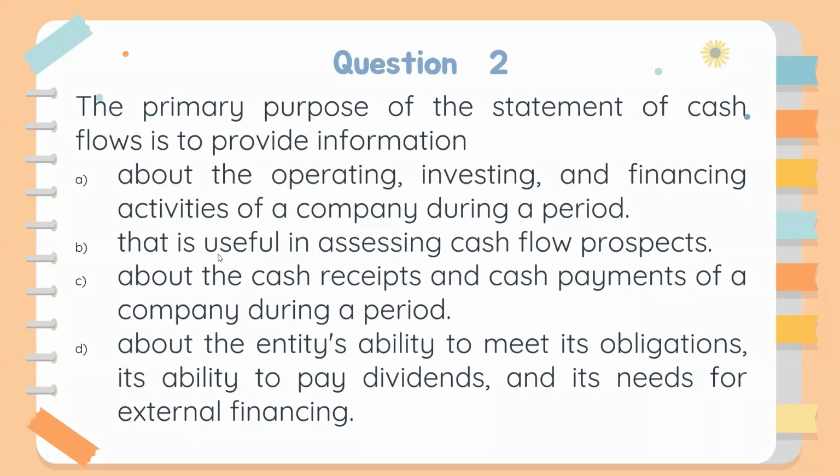Letter B, that is useful in assessing cash flow prospects. Letter C, about the cash receipts and cash payments of a company during a period. Letter D, about the entity's ability to meet its obligation and its ability to pay dividends and its need for external financing.